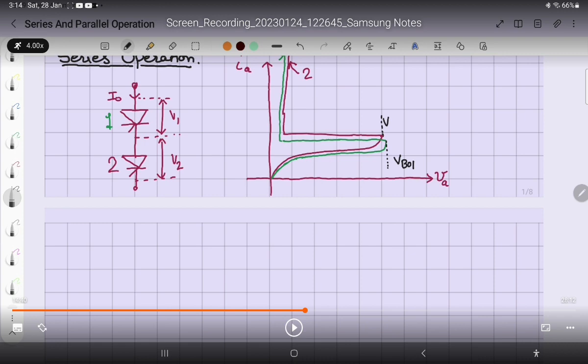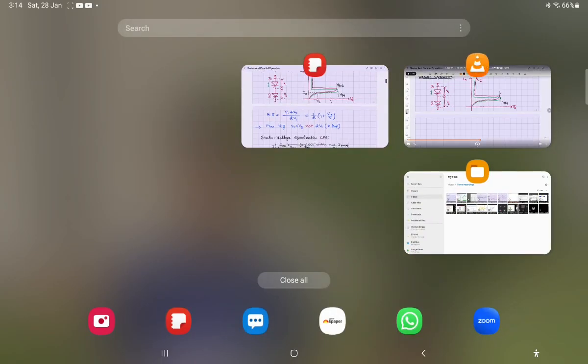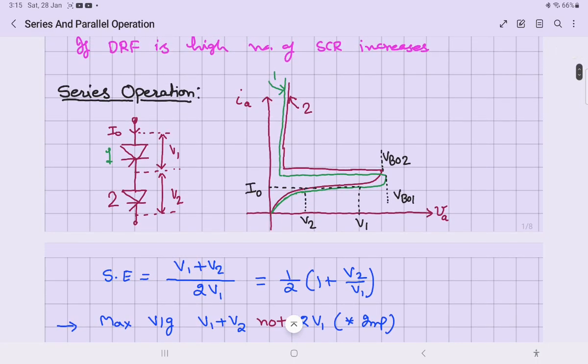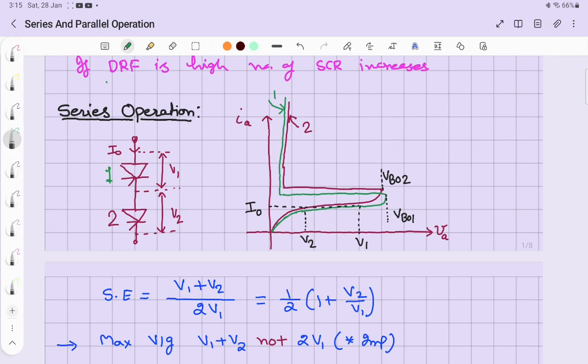Here you can see that thyristor 1, T1, is having voltage V1 for the same amount of current I0, right?